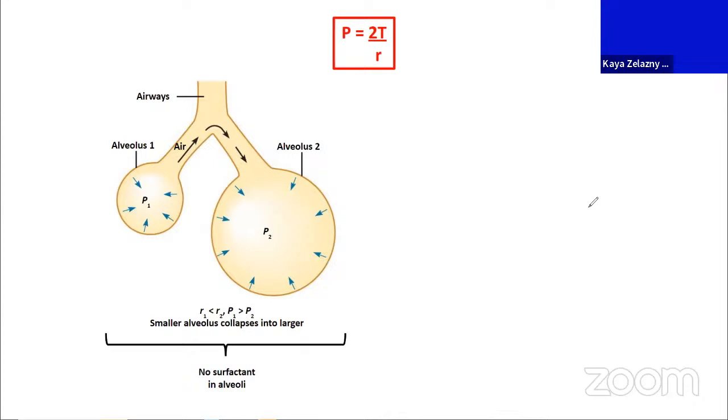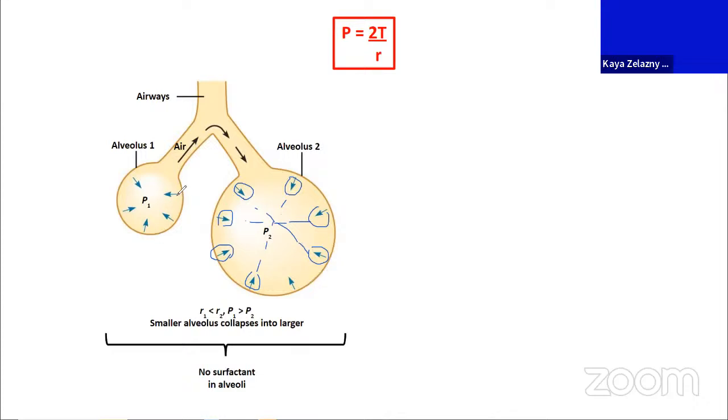Okay, but this creates a funny thing when we think about surface tension. We've got our water essentially pulling the alveoli in towards collapsing. The water is pulling towards other water molecules. In a larger alveolus, that water is more spaced out.